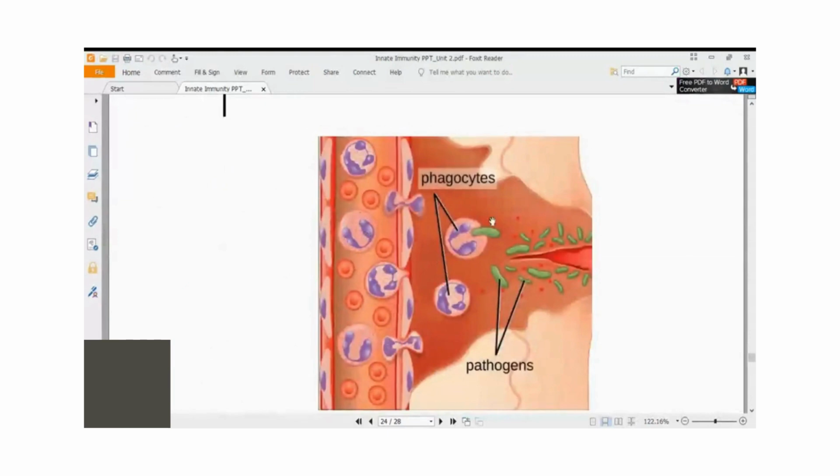And a large number of neutrophils flood that area where the bacterial invasion has taken place and start swallowing those bacteria. In the process, some neutrophils will die because bacteria have already released some toxins. Those toxins are harmful to the neutrophils, and some neutrophils, on encountering those exotoxins released by the bacteria, will die.